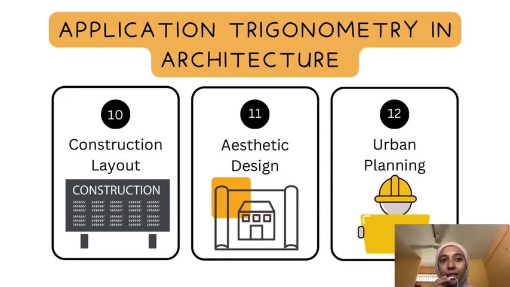And then aesthetic design. Trigonometry concepts can be applied to create visually appealing architectural elements like arches, curves, and domes. And last, urban planning. Trigonometry helps in determining the layout of streets, intersections, and public spaces in urban planning.